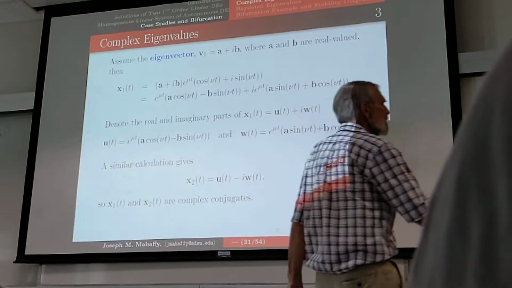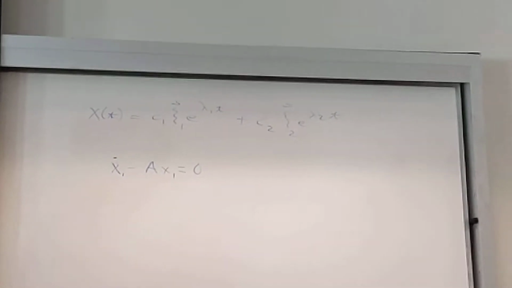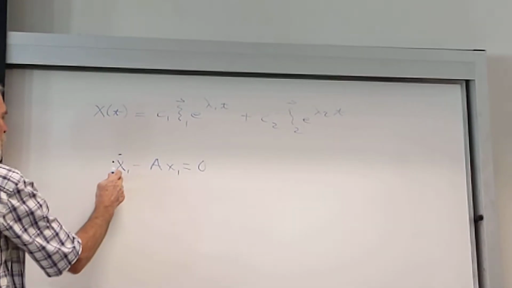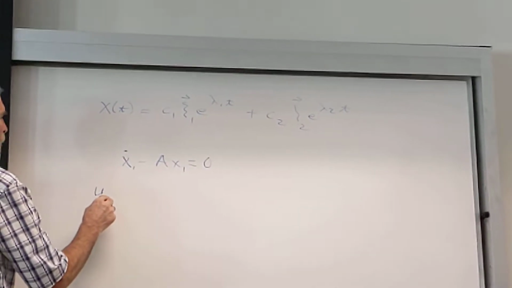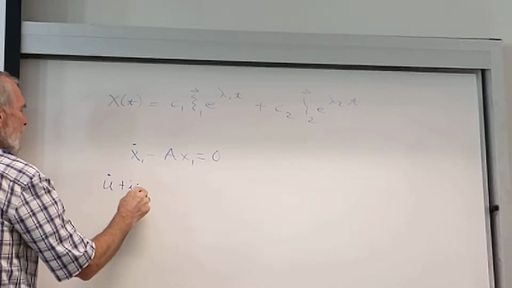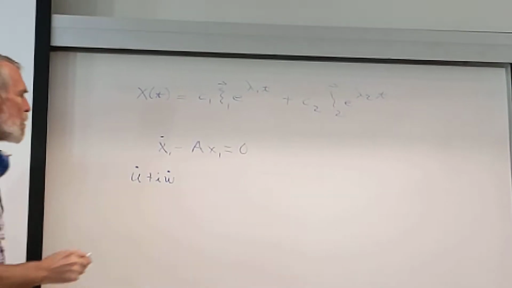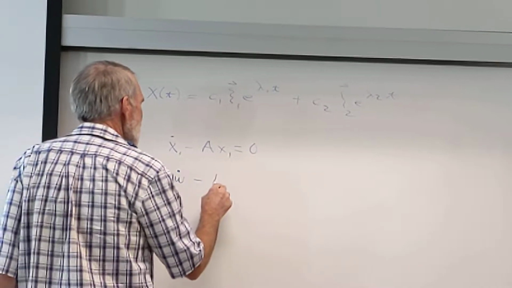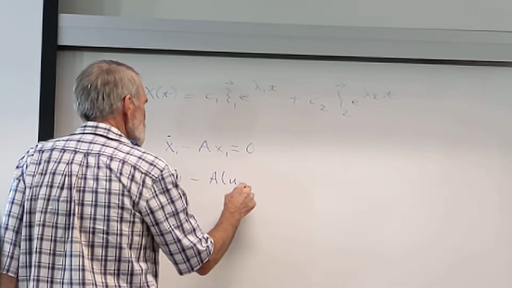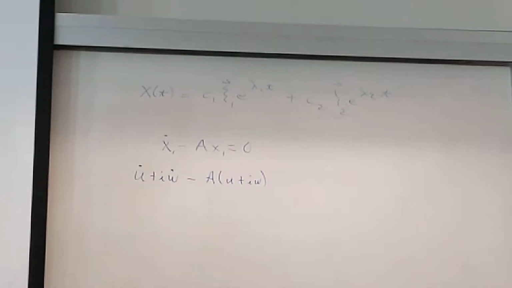So now, x1 has to satisfy that equation. Then this x1 dot is going to be u dot plus i w dot, and then we're going to get minus A times this u plus i w.